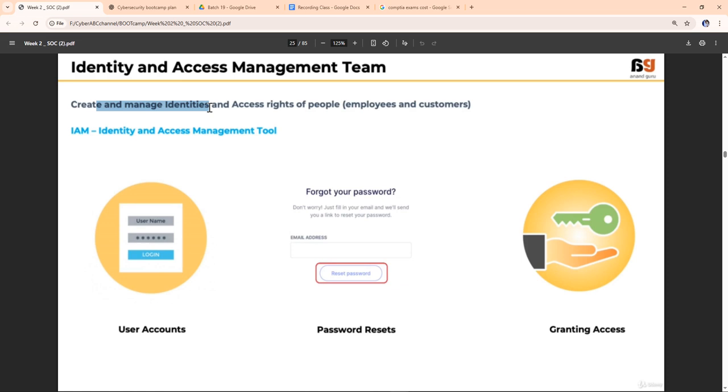They make it possible that when you come, you type in your username and your password, you log into your own specific account. When you lose your password, they are the ones to help you reset it. Then they grant you access into your account. That is their job, the identity and access management team.